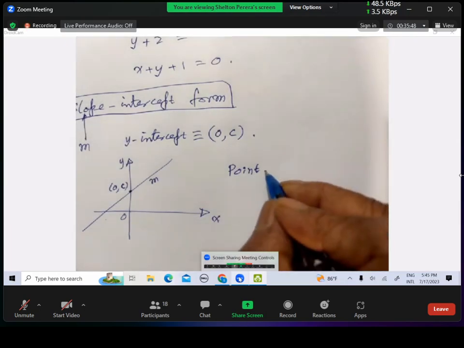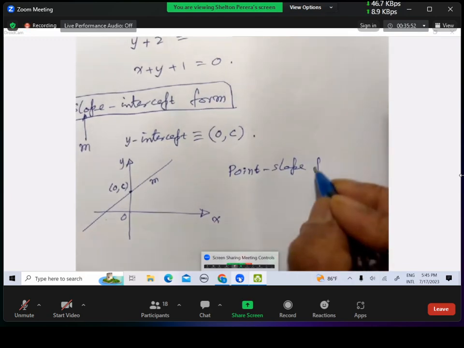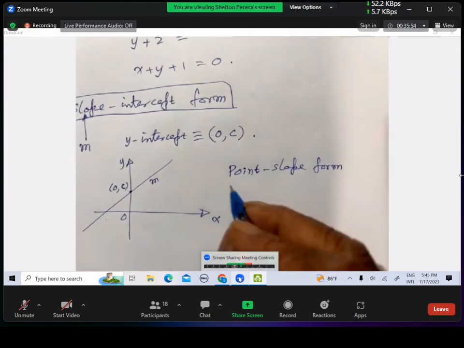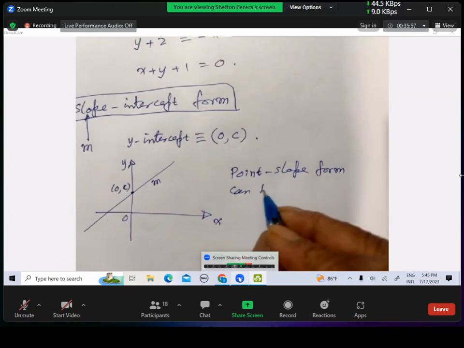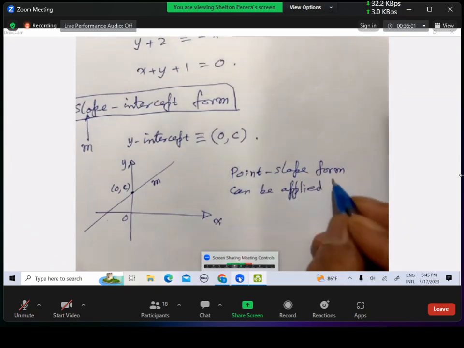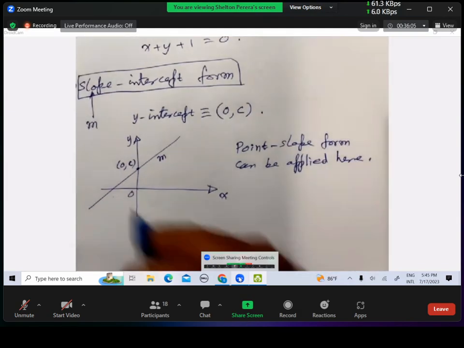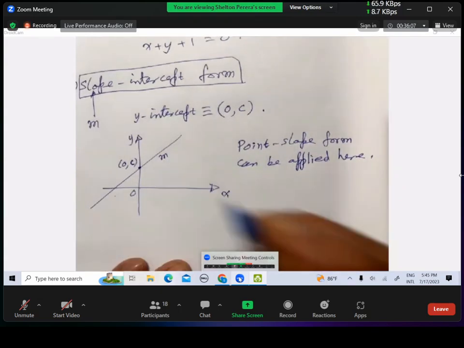Point slope form can be applied here. What is the point? 0, c, slope m.